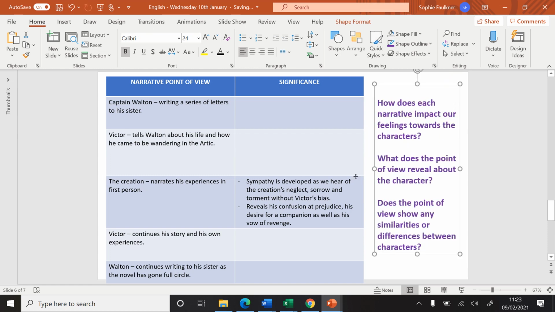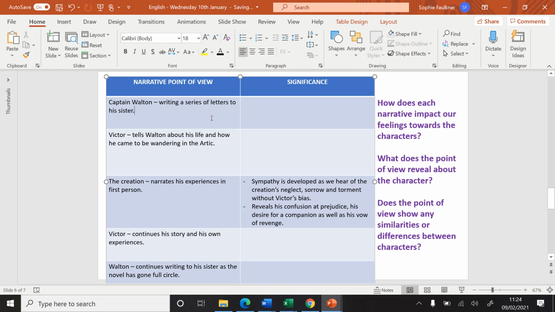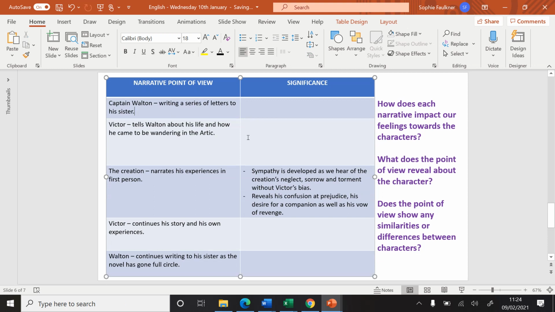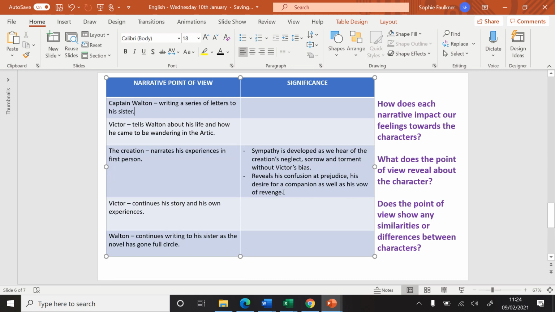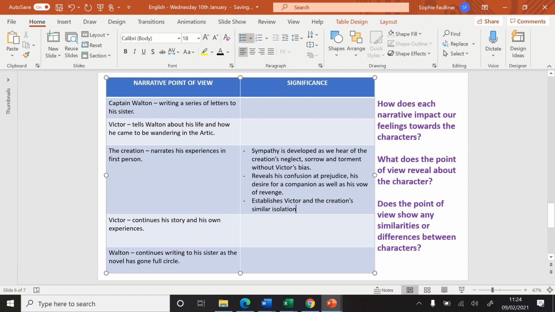And then we have, does the point of view show any similarities or differences between characters? I think ultimately we see that the creation and Victor are both isolated in their own unique ways. It establishes Victor and the creation's similar isolation, and that's quite sad, really, isn't it?